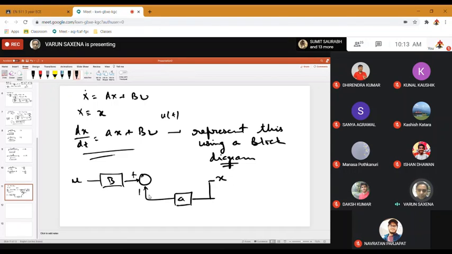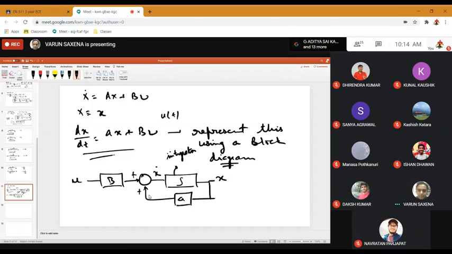So this gets added. What you get is x dot, which is dx by dt. Then if you have x dot and you need x, then this block will have an integrator, and that's it. This is the block diagram in time domain. So this is an integrator.